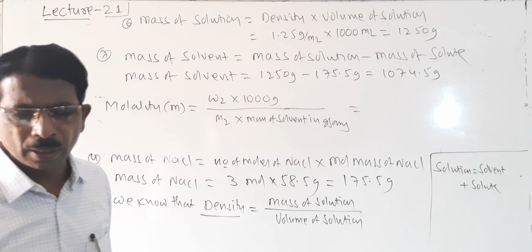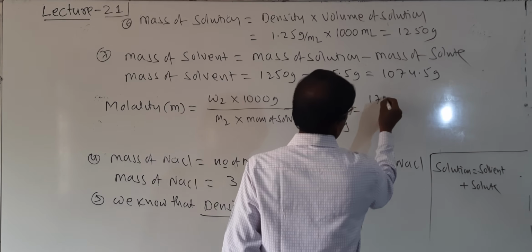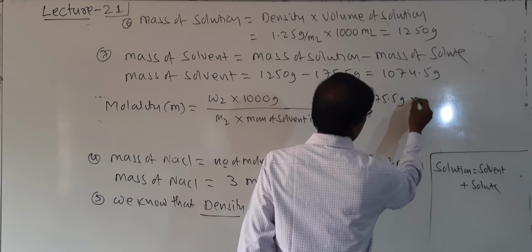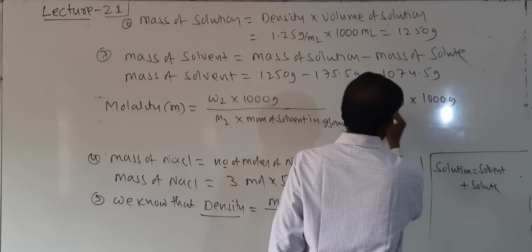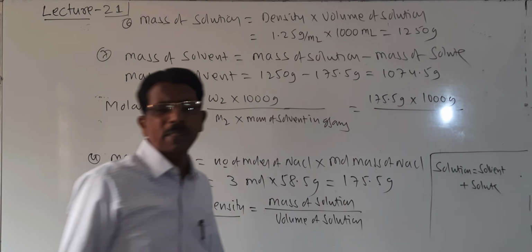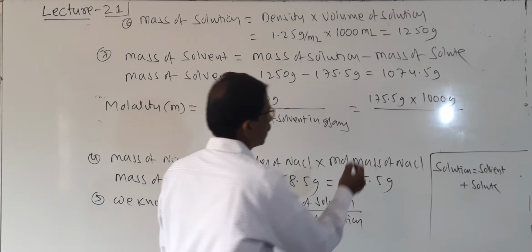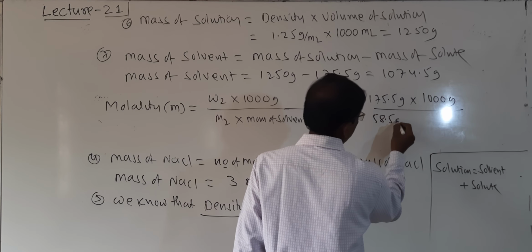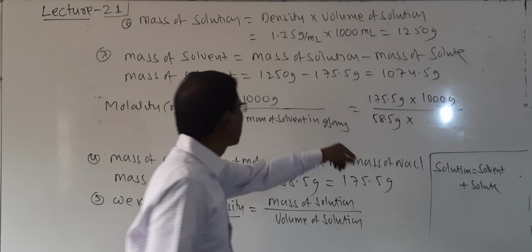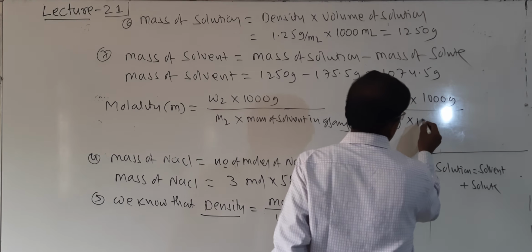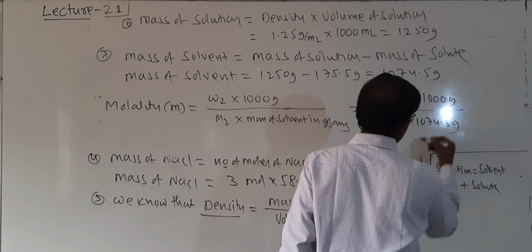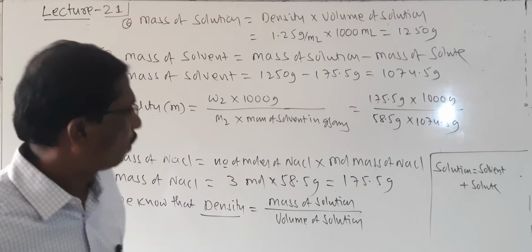So it is 175.5 gram into 1000 gram divided by molecular mass 58.5 gram into mass of solvent, 1074.5 gram. Okay, so the problem is over.